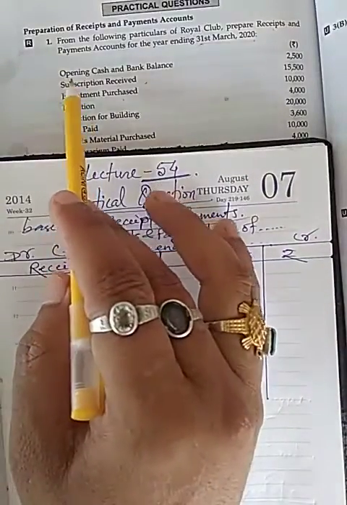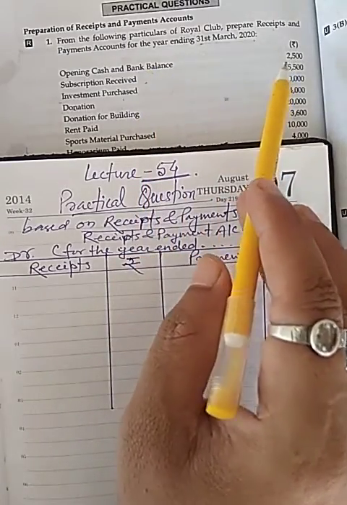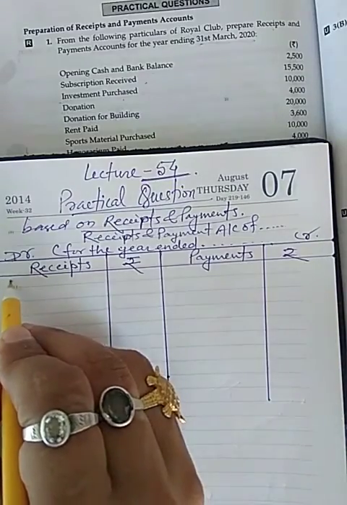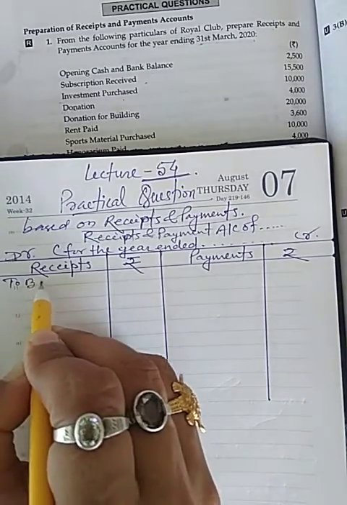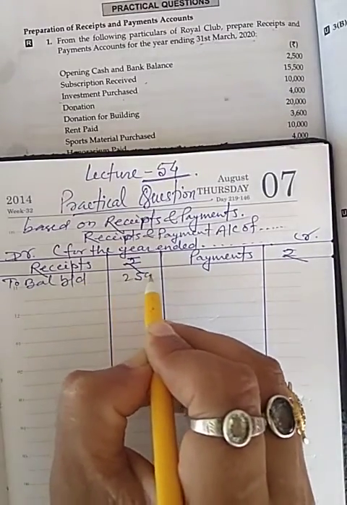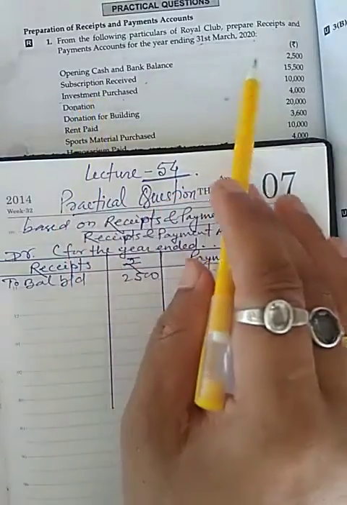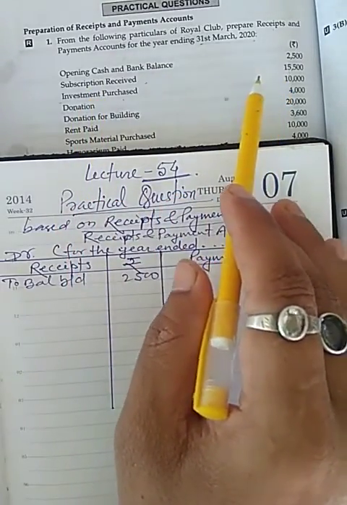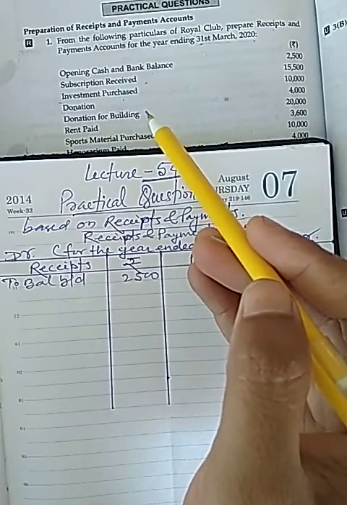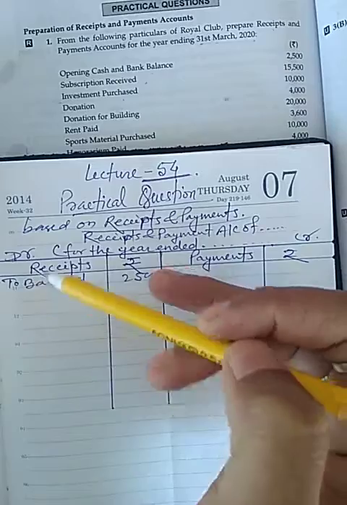First item is given opening cash and bank balance 2500. So I will write to balance BD 2500. Now subscription received, any received will be shown in receipt side.